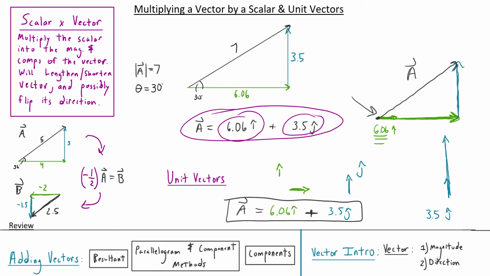So I wanted to build up this equation here using the concepts of the unit vector and the scalar times vector concept. All in all, it's okay to think of this as, alright, vector A has an x-coordinate of 6.06 and a y-coordinate of 3.5.